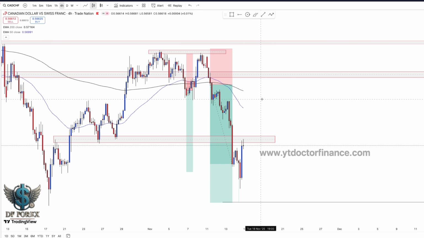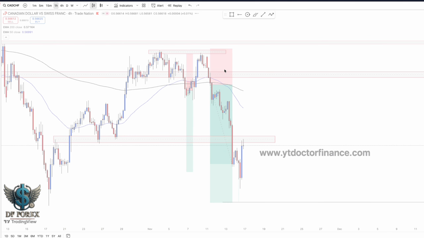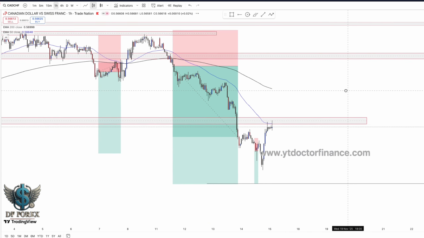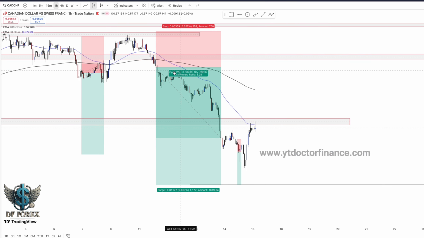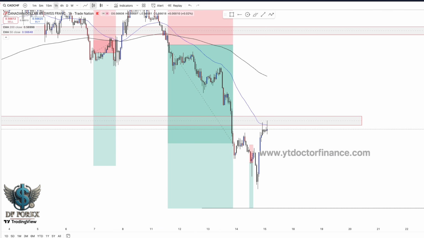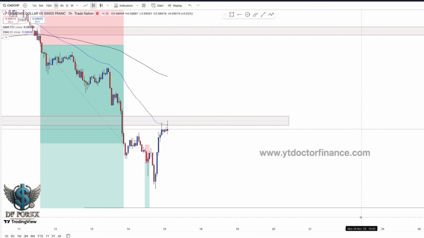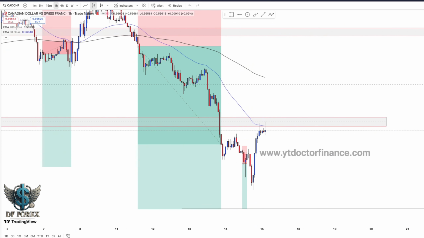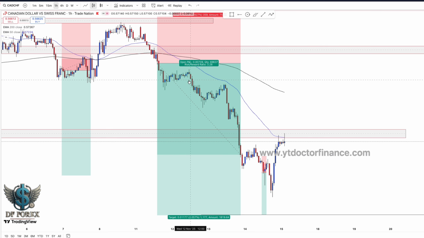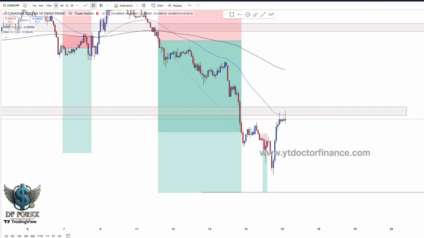I knew I was going to take a trade on that, and I immediately understood it was just a liquidity sweep, nothing else. And as soon as the price crossed my area of interest with a huge engulfing candle, I immediately entered, and as soon as I entered the trade started moving in my direction.